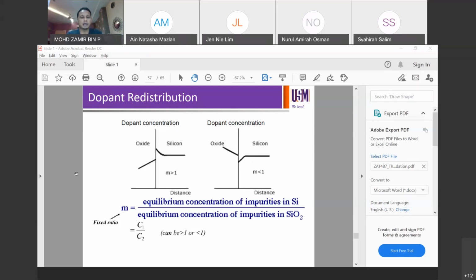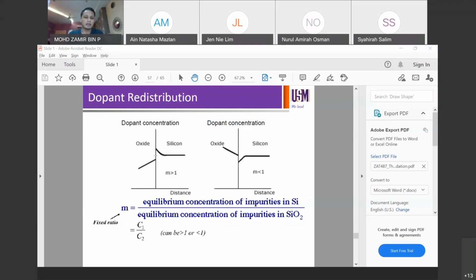If M is more than one, that means the concentration of the dopants in silicon is higher than the concentration in silicon dioxide at the interface. You can see in the first illustration on the left-hand side, the vertical line at the interface, and the y-axis is the doping concentration. Here the silicon is higher than the silicon dioxide, so the M value will be more than one.